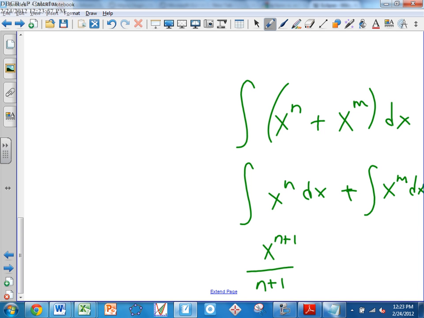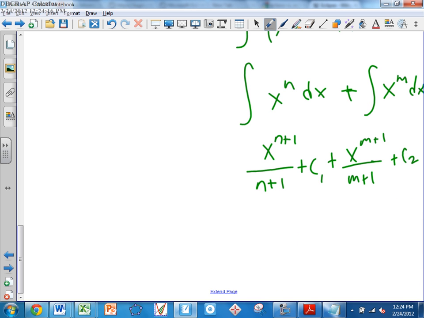Same thing with the next part: x cubed becomes x to the fourth over 4, which is the same as multiplying by 1/4. So I can write this, and again, this is really plus c, which we would call c1 here. And then next you'd have x to the m plus 1 over m plus 1 plus c2. What we're showing here is that if we have two constants, they're just constants, right?